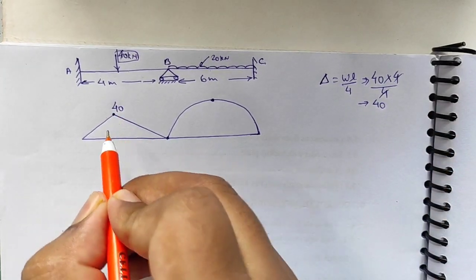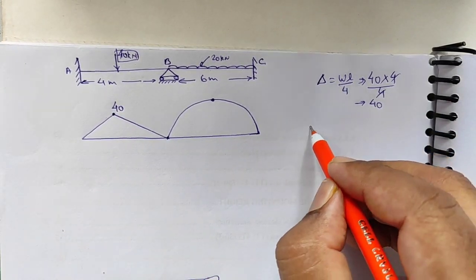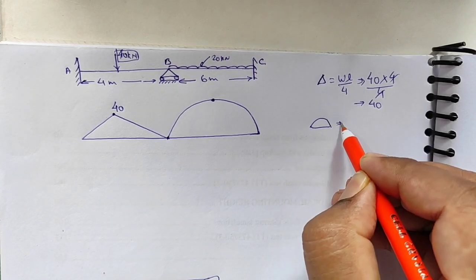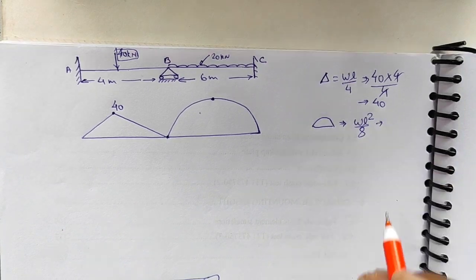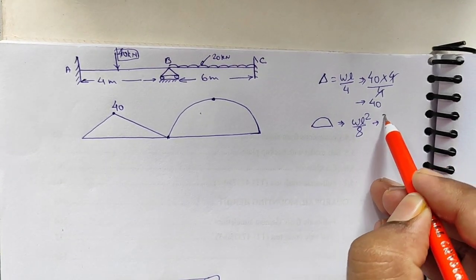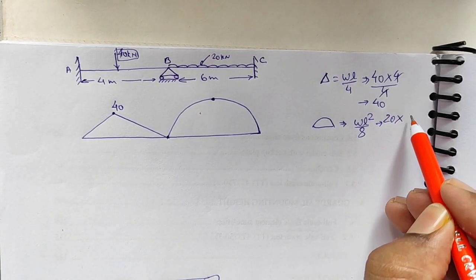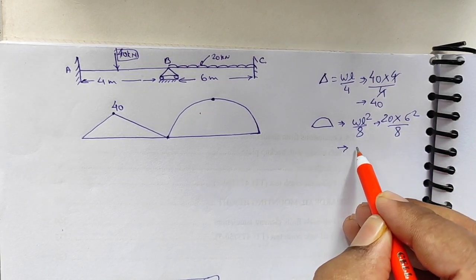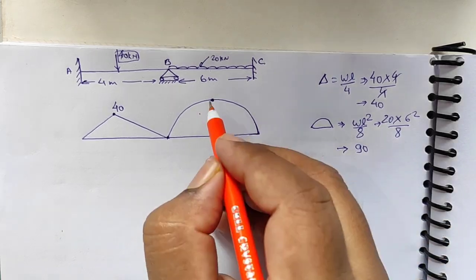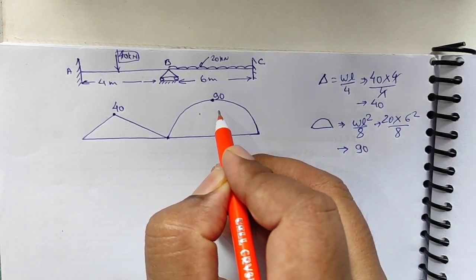So the maximum ordinate in the triangle is 40. Similarly, for a parabola, my maximum ordinate value will be WL square by 8. The value of W is 20 and L is 6 square upon 8, which will give me 90. So the maximum ordinate value here is 90.